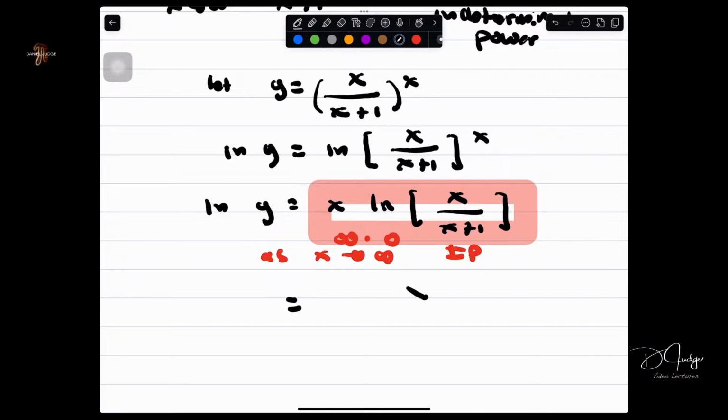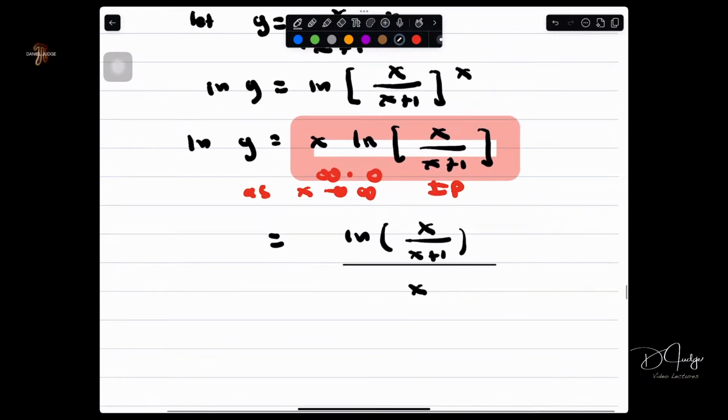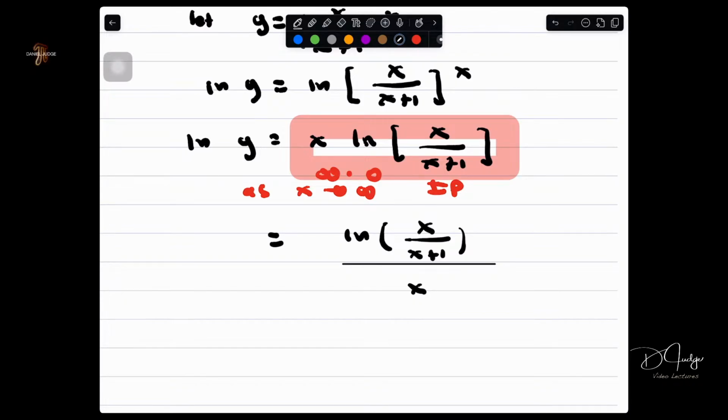So I'm going to write this as, keep the natural log in the numerator, natural log of x over x plus 1 over 1 over x.